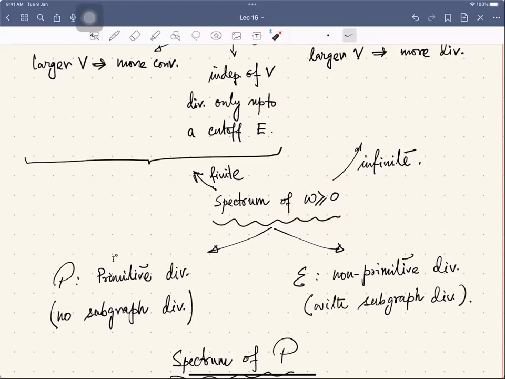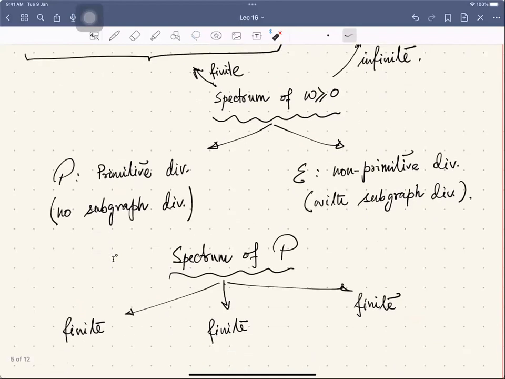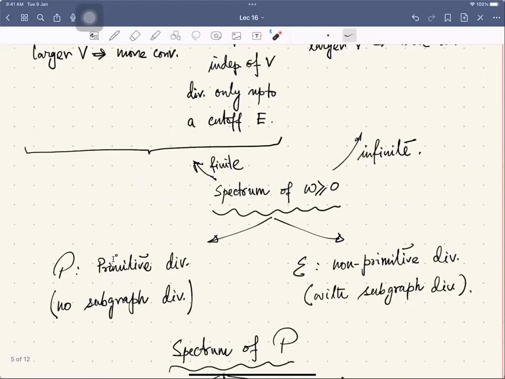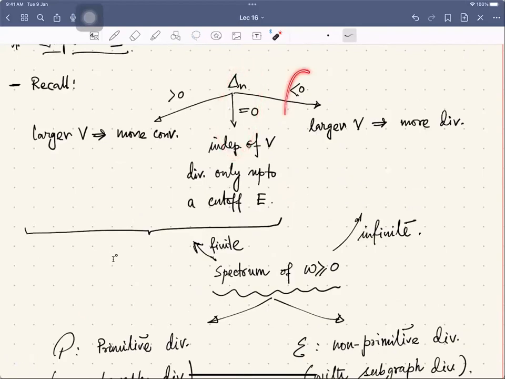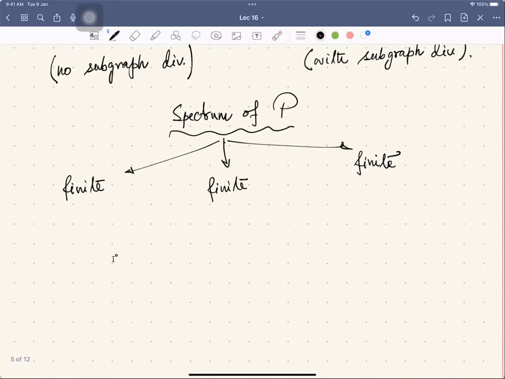So there can be many more diagrams for the same value of omega with higher and higher numbers of vertices, and they are non-primitive because the divergence must be coming from some subgraph which is identical to this. So there is no control over how many such graphs. There is no restriction, and therefore the spectrum of non-primitively divergent graphs is not finite in this case. In the last case, it is of course not finite, because the spectrum of omega itself is not finite. So we arrive at the following statement.